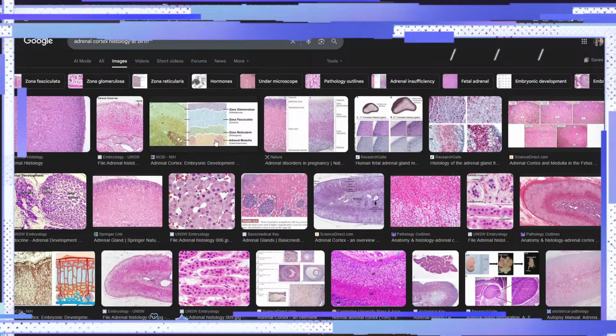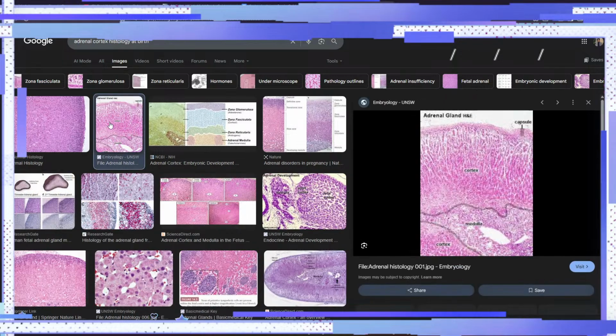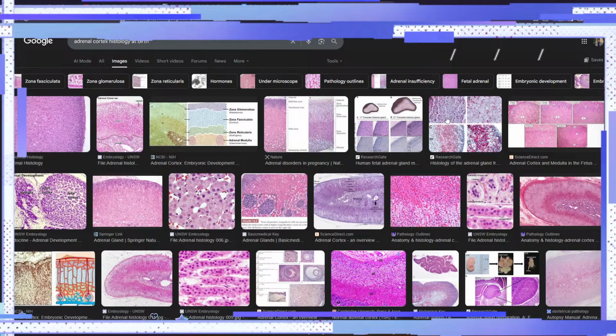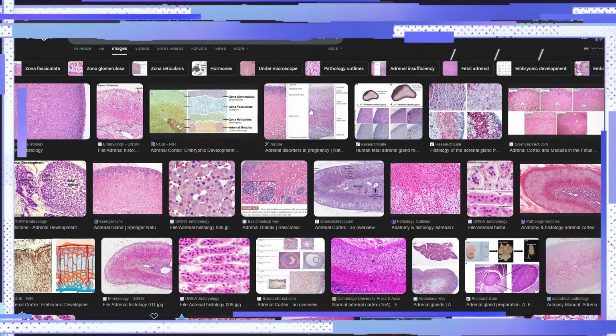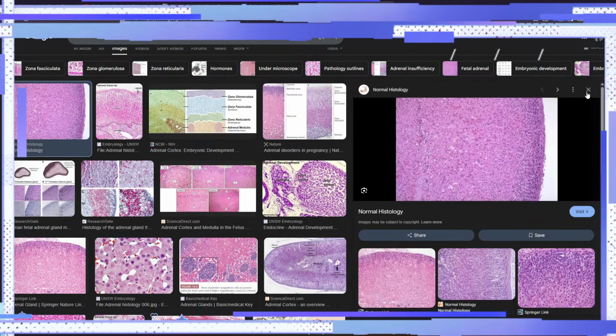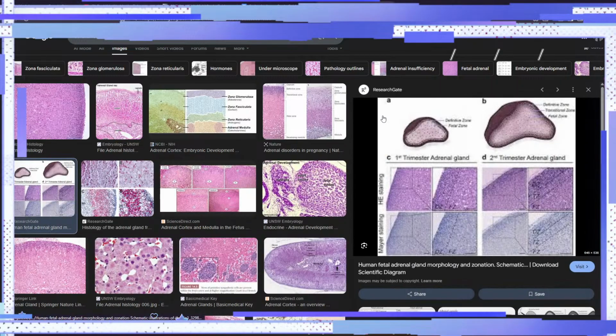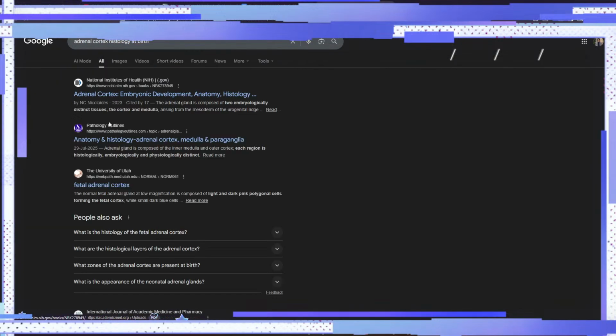There's no reticularis, right? That's something I want to see. First trimester and then second trimester, that does not help me.